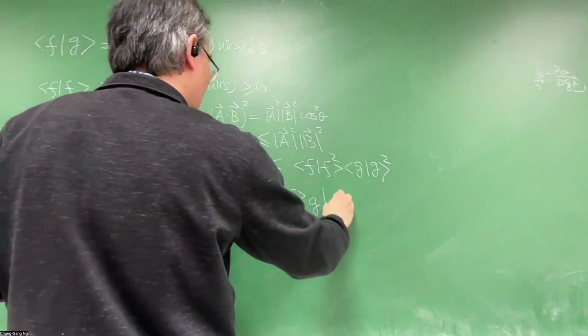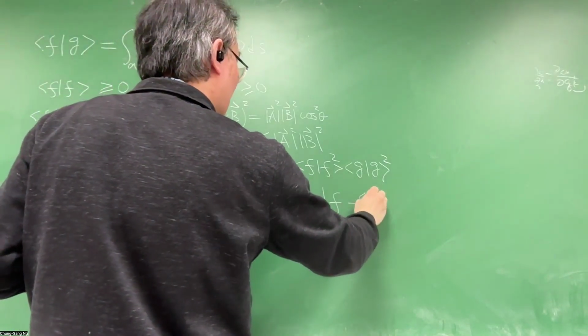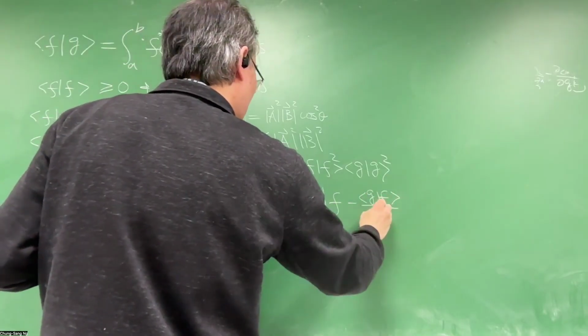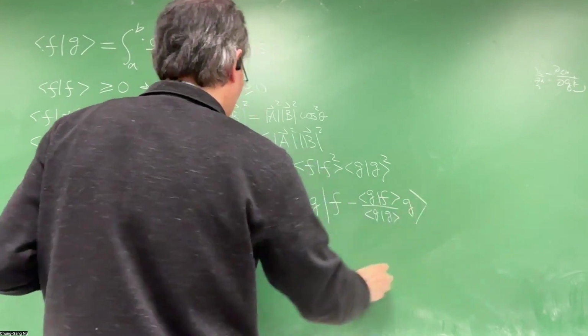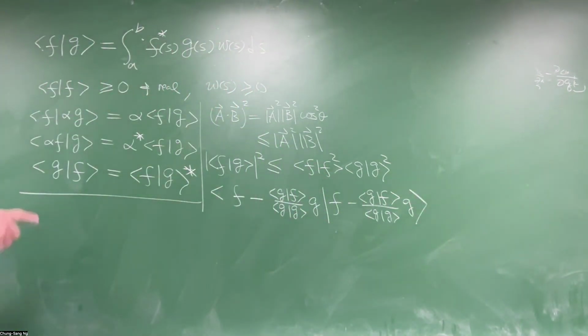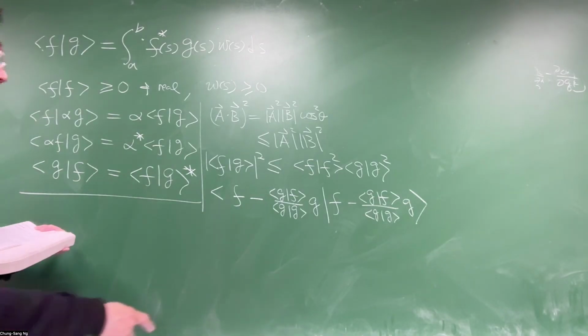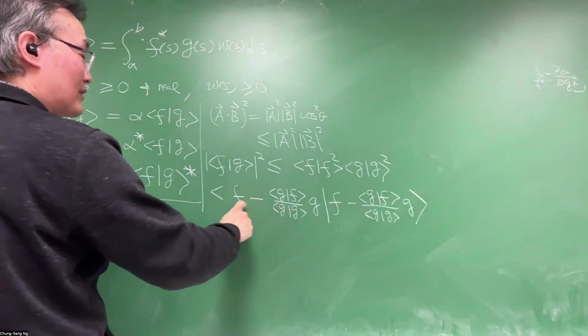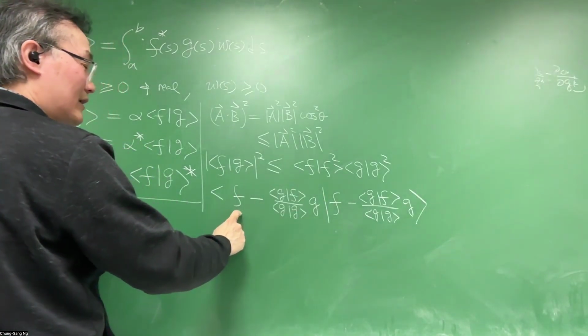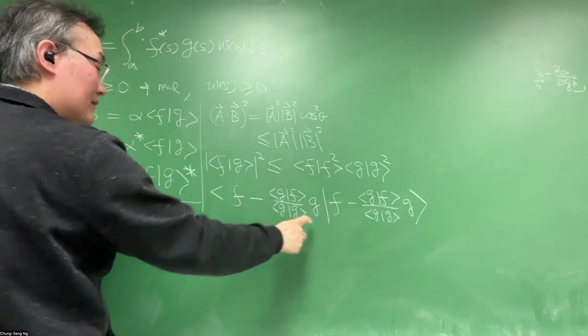And then take its scalar product with itself. Obviously, by the definition, this is greater than or equal to 0, right? And you know what I'm doing, right? Just consider this vector and its scalar product with itself.